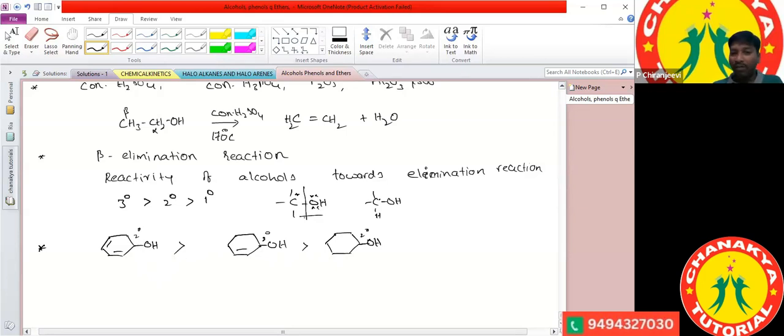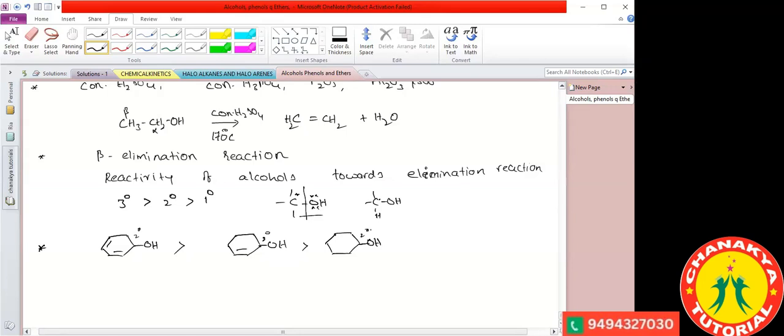So reactivity can be explained by the stability of the carbocation. Now you got the clarity, Samhita. That is the point here. With two double bonds, there is more electron density on OH, so it is more prone to reactivity. Yes, ma'am.